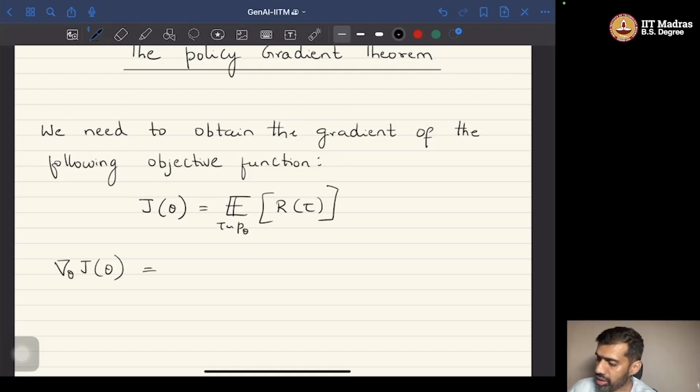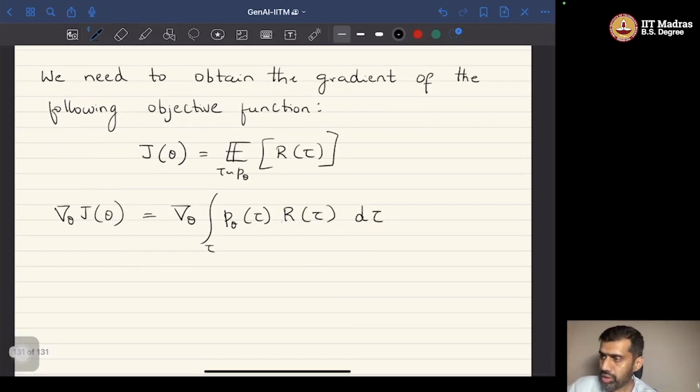So let us write that down. This is the gradient of the expectation. The expectation is given by the integral of p theta of tau times R tau, with respect to tau, which is the trajectory. Now we know that the gradient is a linear operator, so we can push that gradient inside the integral.